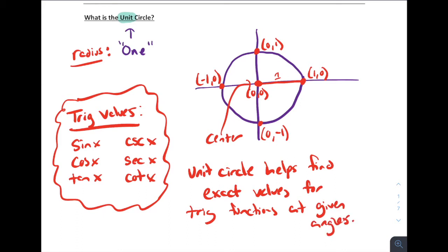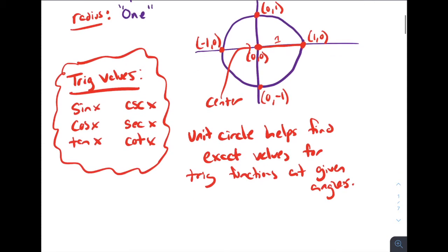While your calculator can do an estimate and gives you a decimal answer sometimes, we're going to be able to find today some real exact answers, and we'll know why they're exact answers using how we constructed it today, which is really nice. So that's what the unit circle is.